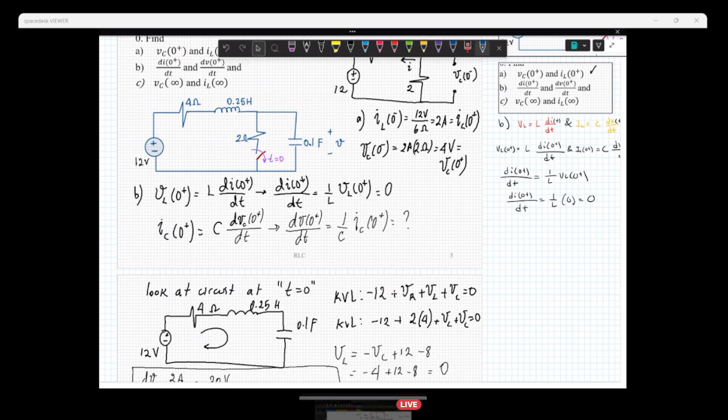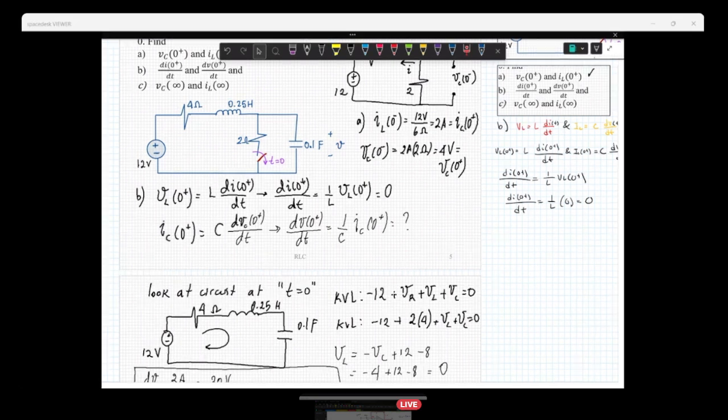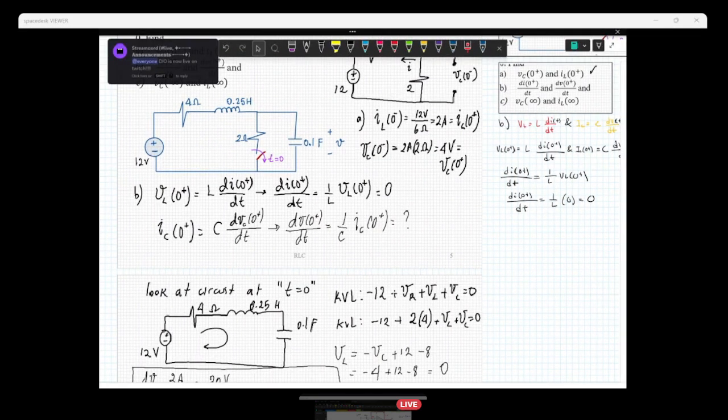Hmm. Oh, I don't get the VL part. I'm stuck actually.